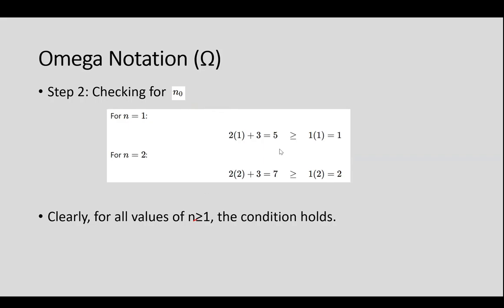Now we check what happens if the input value is 1 and 2. Clearly, for all values of n greater than or equal to 1, the condition holds. In order for this condition to be true, n shouldn't be 0. If n is 0, your entire thing is going to be 0. And we know the inputs are very important whenever we train the model.